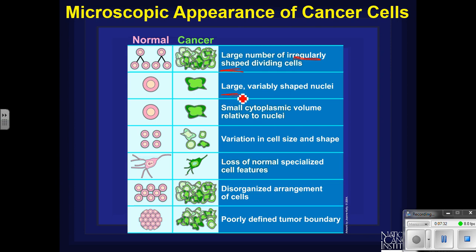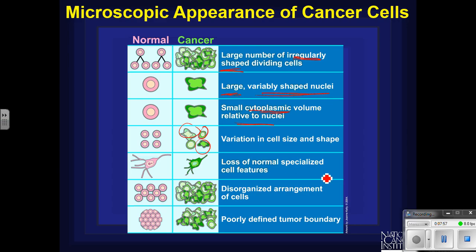Cancer cells are large, and the nucleus is not necessarily circular. Compared to the nucleus, there's not as much cytoplasm volume in cancer cells, and they can vary in size, shape, and just abnormal structure.